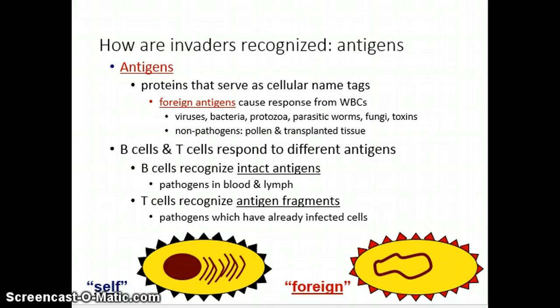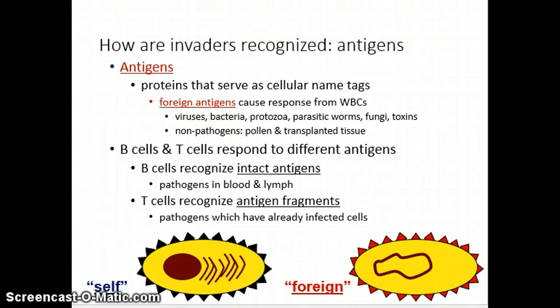So B cells and T cells respond to different antigens. The difference in how this response occurs is that B cells only recognize an intact antigen. So they have to see the whole antigen, either floating around in the blood or the lymph system.